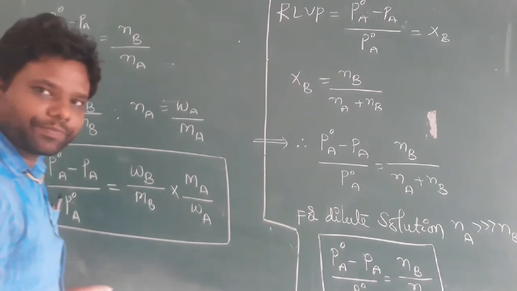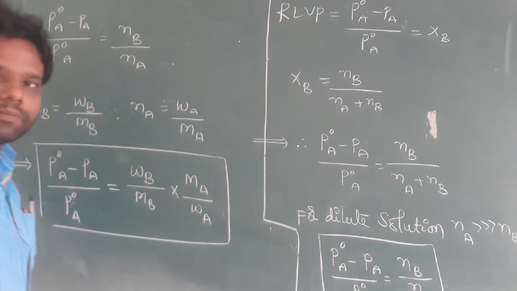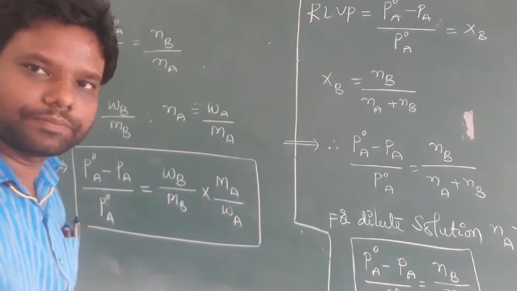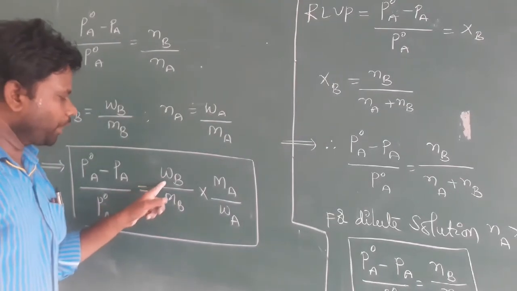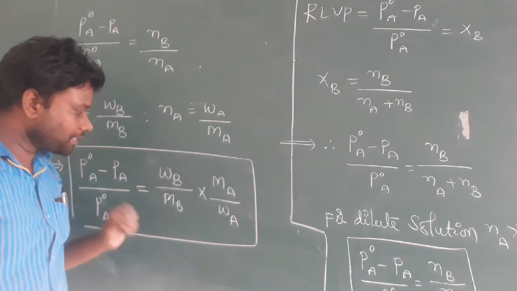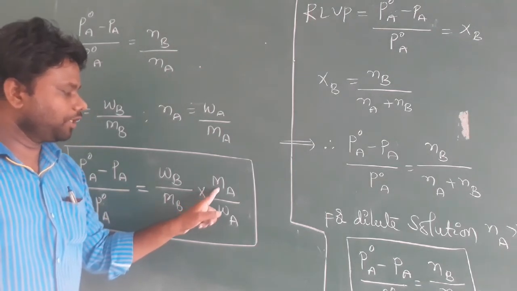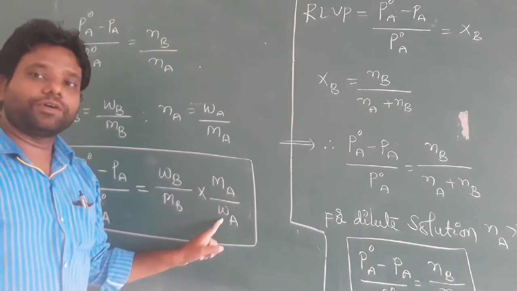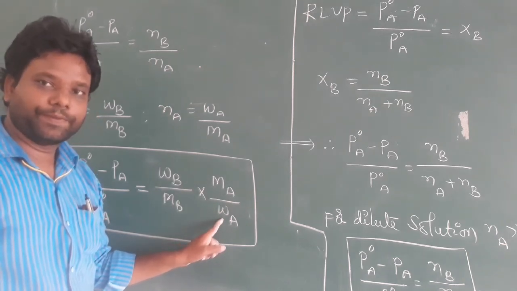Here, WB means weight of the solute, MB means molar mass of the solute, MA means molar mass of solvent, WA means weight of solvent.